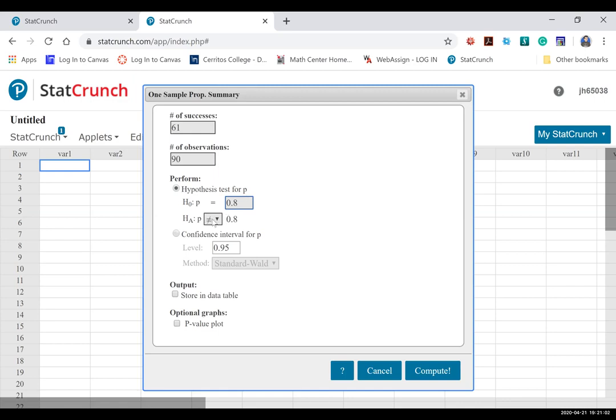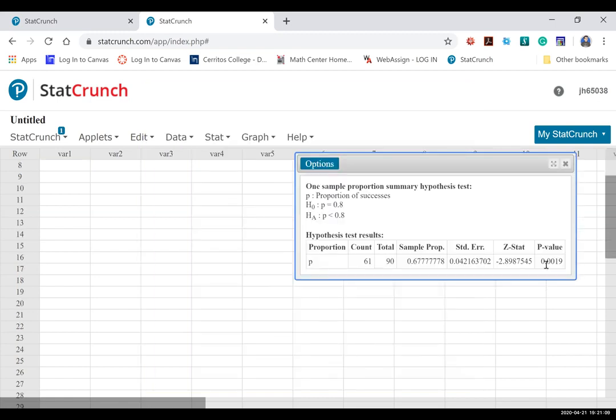In this case, we wanted it to be less than. Okay, and it says, look, what's our p-value? Our p-value is 0.0019, which is exactly what we found it to be in the previous example. So StatCrunch is super easy.